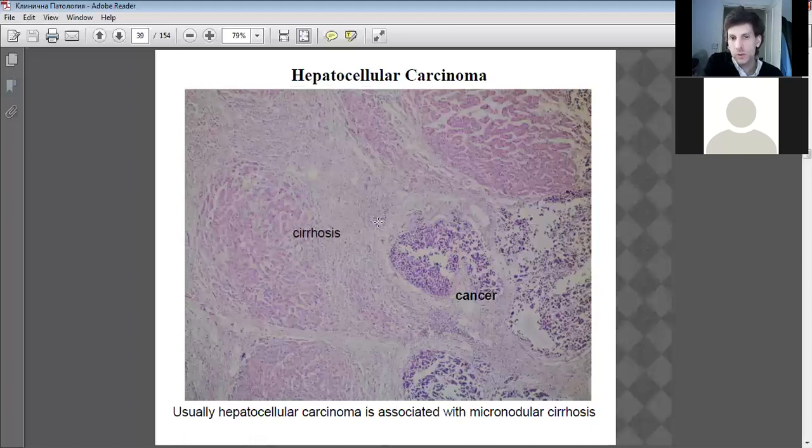So the little nodules forming are, in a way, the macrophages trying to kind of isolate this pathology, if you like. It forms these nodules.